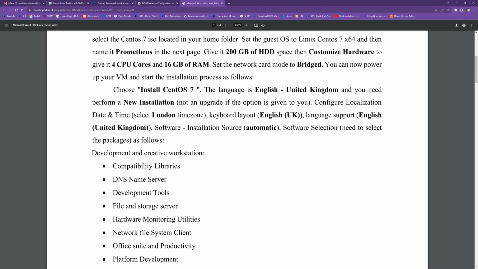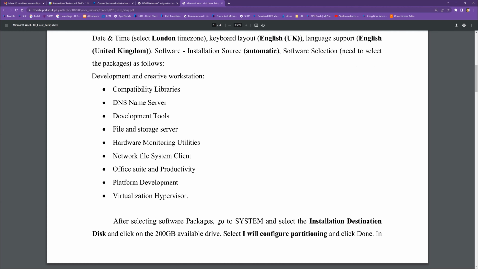So you need to set up all of the installation information, like the language, time zone, everything else. It's all pretty straightforward if you've installed an operating system before. The first thing that you need to be careful about is the software selection. So if you get this wrong, then you will not have all of the packages that you need on your system in order to do everything that we want to do in the labs.